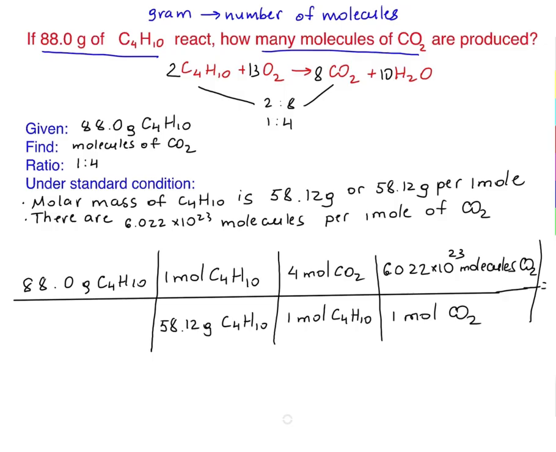And then we're going to go ahead and cancel the units. The grams of butane and the moles of butane cancel out. And then, of course, the moles of carbon dioxide. And you end up with the number of CO2 molecules. So always solve for units first and make sure you cancel them correctly.